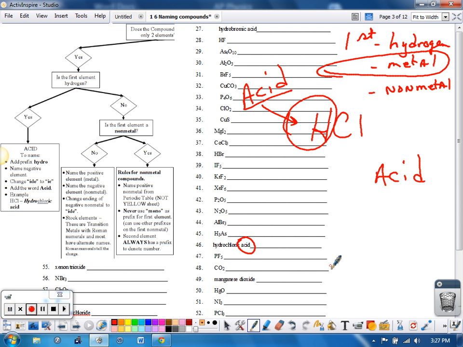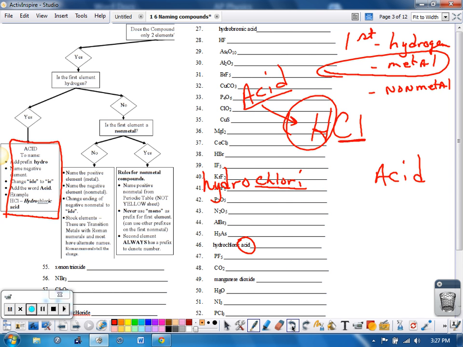My rule, on page 3, says to add the prefix hydro, and then name the negative part of the compound, which is the second part, chloride, but I change the ending from ide to ic.